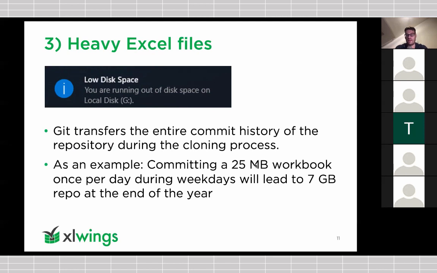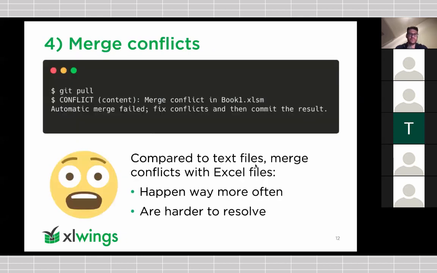And so I have this little example here. A 25 megabyte workbook, that's kind of a medium-sized workbook. If you just do that on weekdays for a year, you will be greeted by 7 gigabytes on your local hard drive. And then if you have a couple of workbooks, you can see where this is going.